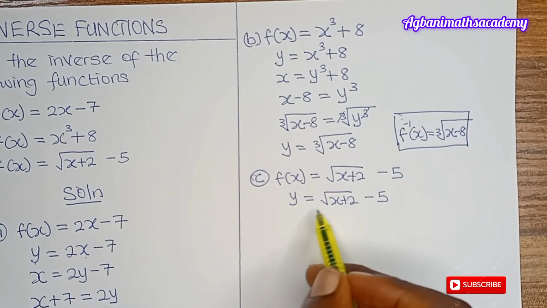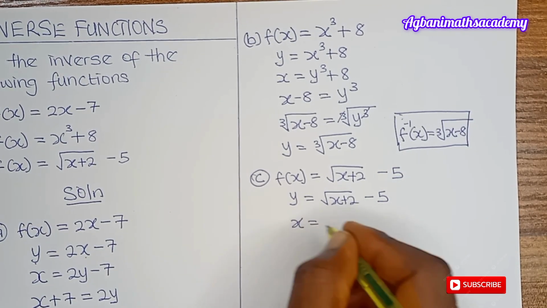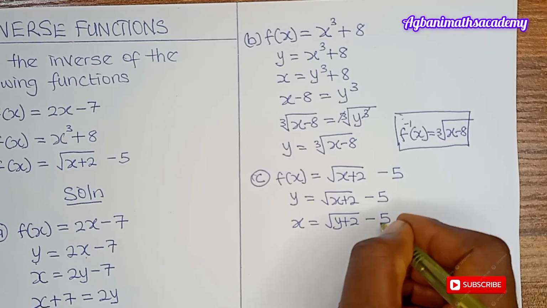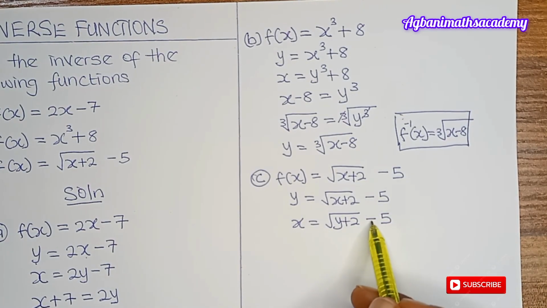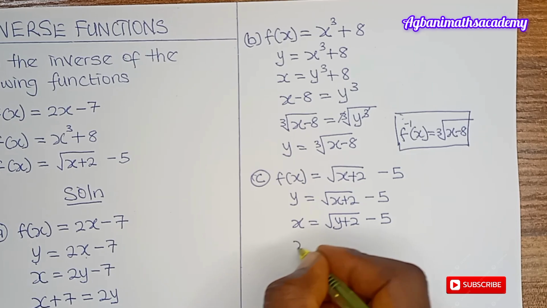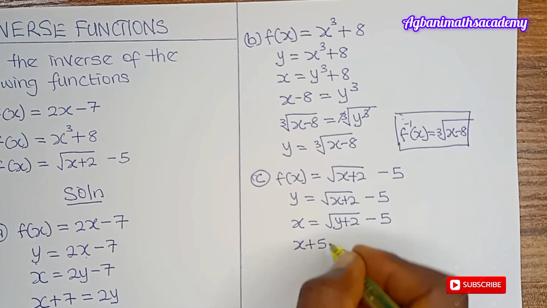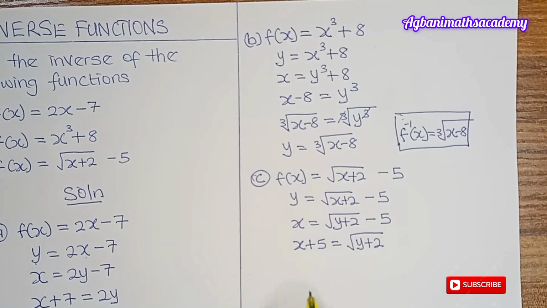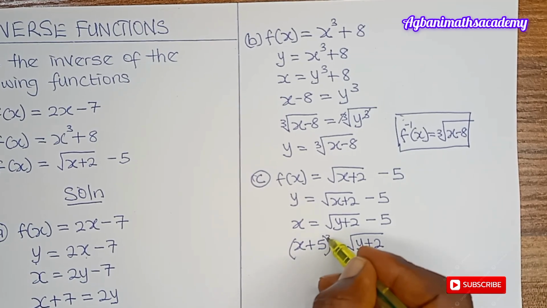Okay, switching places, x is equal to square root of y plus 2 minus 5. So moving minus 5 to the right, we have x plus 5 is equal to square root of y plus 2. So in order to eliminate square root, we are going to introduce the opposite of square root, which is square. So square both sides.